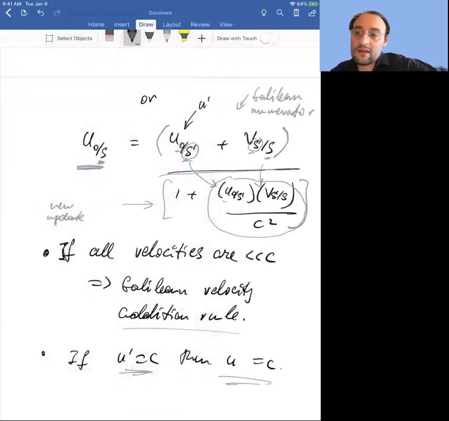In other words, the velocity of light is the same in all frames. If it's c in one frame, it automatically remains c in the other frame. And that's how it's supposed to be. So these velocity transformations know about it. They respect the constancy of the speed of light.